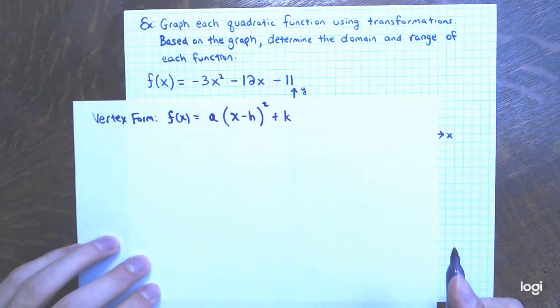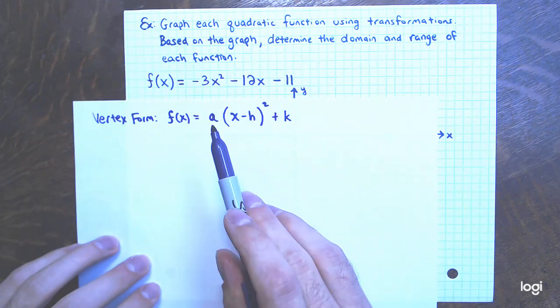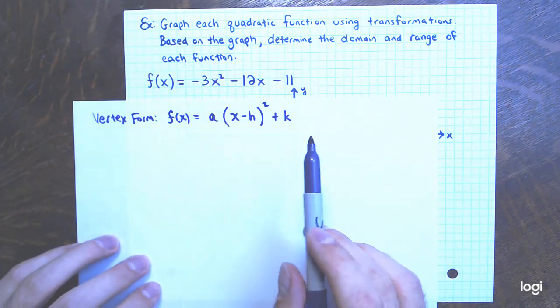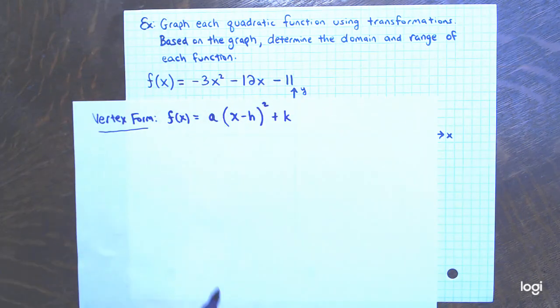And we're just going to have to determine what these a, h, and k are. I already said a is going to be negative 3, but we're going to rewrite this in vertex form through use of completing the square.